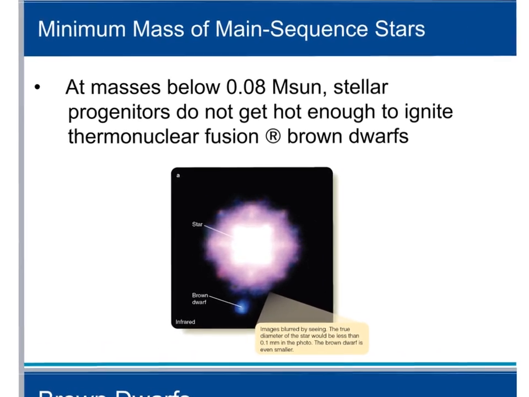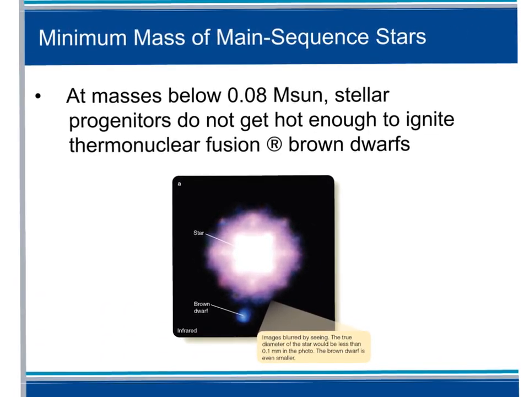Whenever the mass of a star is less than 0.08 of the mass of the sun, it is a stellar progenitor. It doesn't get hot enough to ignite thermonuclear fusion.